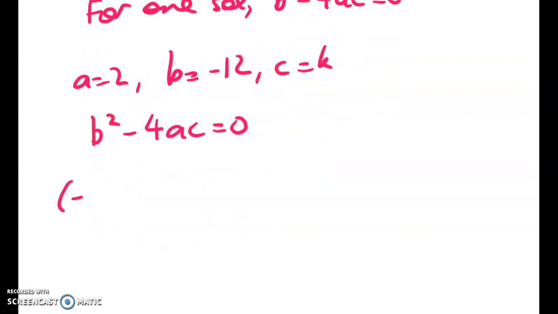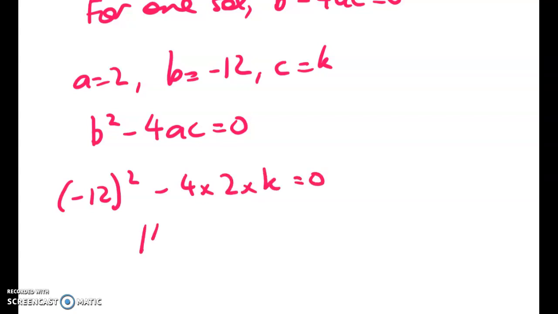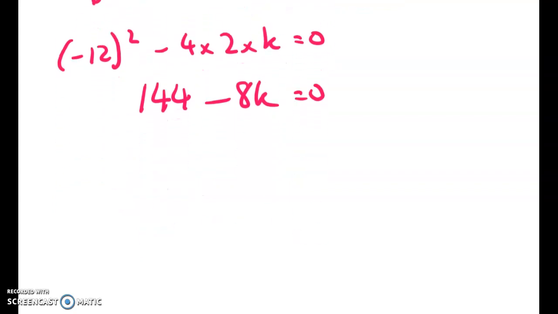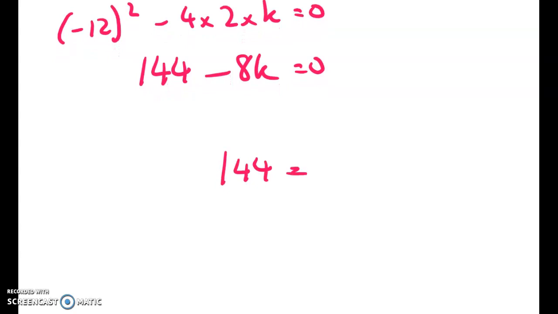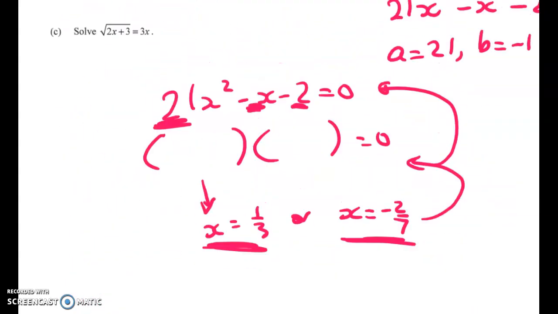So b squared is -12 squared minus 4 times 2 times k equals 0. 144 minus 8k equals 0. 144 is 8k. K must equal 18. 144 divided by 8.